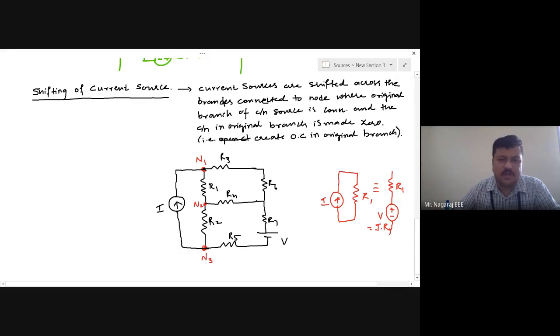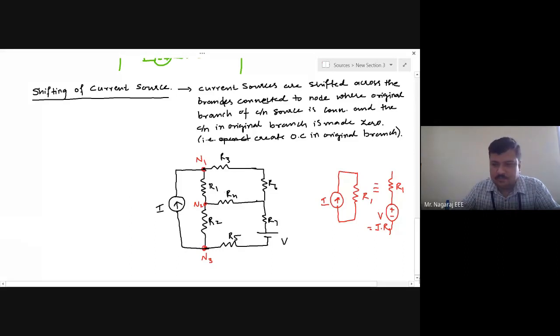So what are the branches connected to N1 and N3 which are coming across I? R3 is also connected to N1, but current I is not in parallel to R3 directly. So now I have to shift the current source across R1 and across R2.